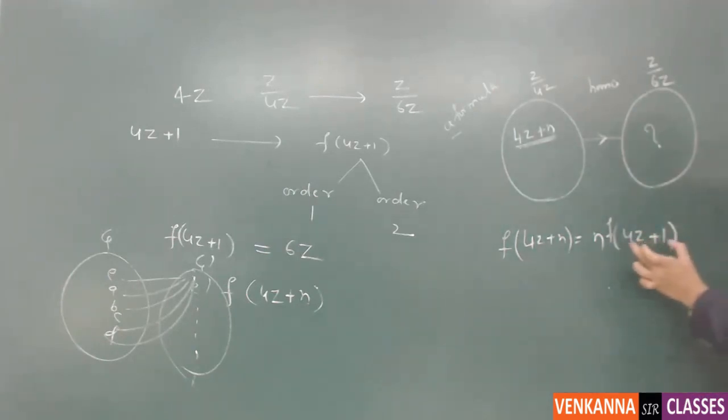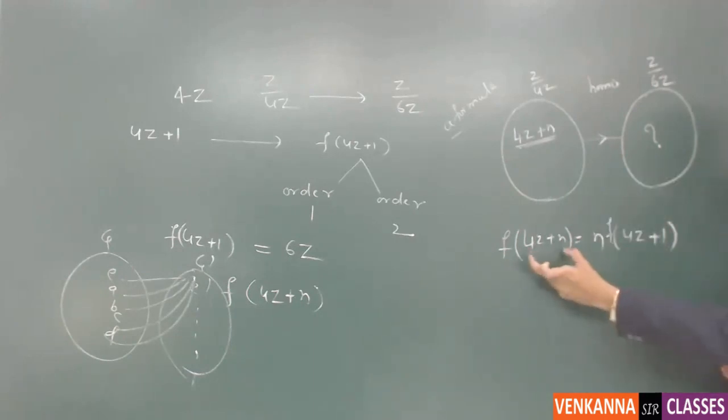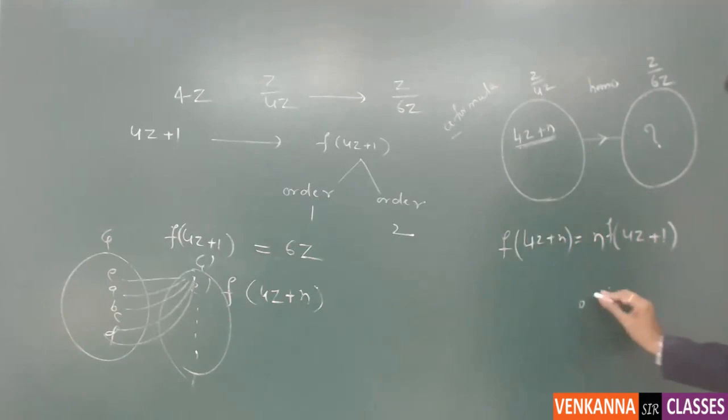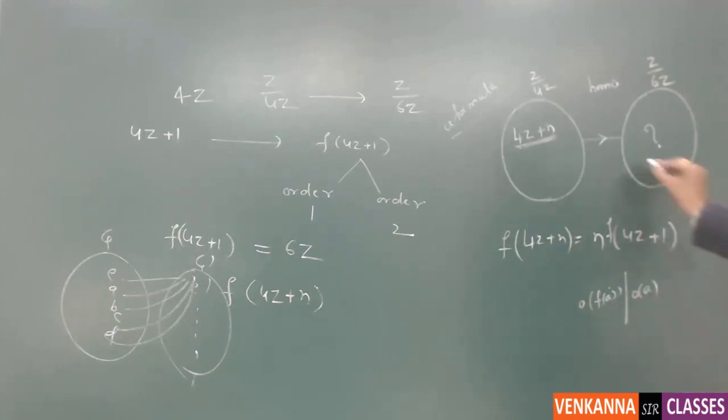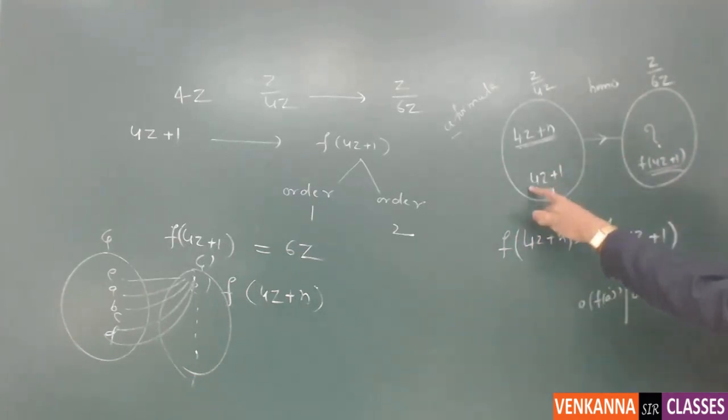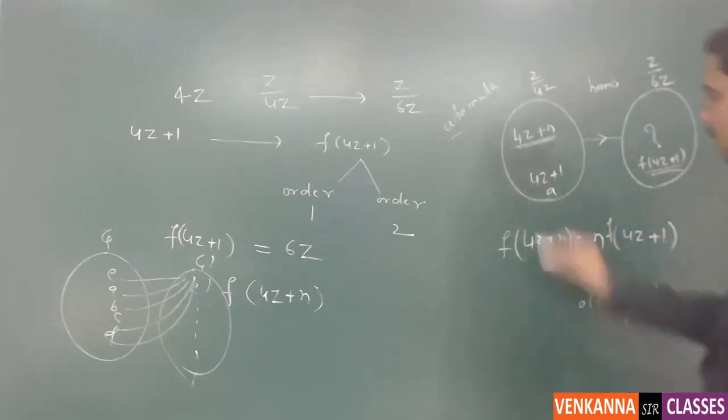So if you know the choices for this thing, you automatically know the choices for this thing. So in order to specify a choice for this, we have used the result that the order of f of a must divide the order of a. So f of 4z plus 1 is this thing. This is a. And what is the order of this part? 4.